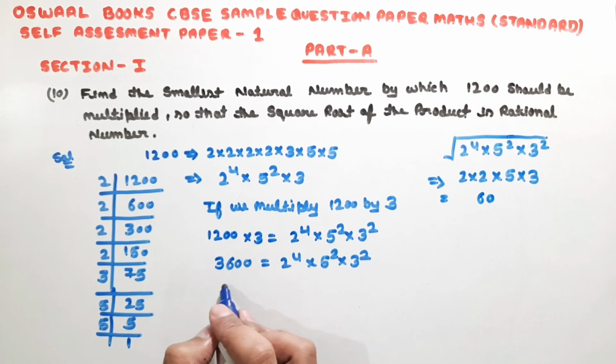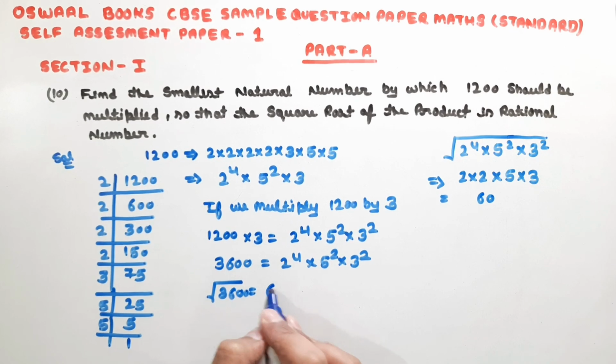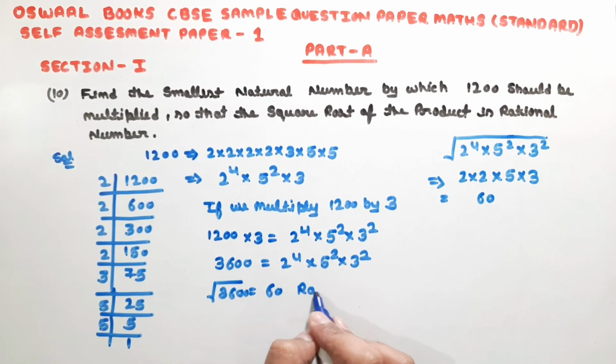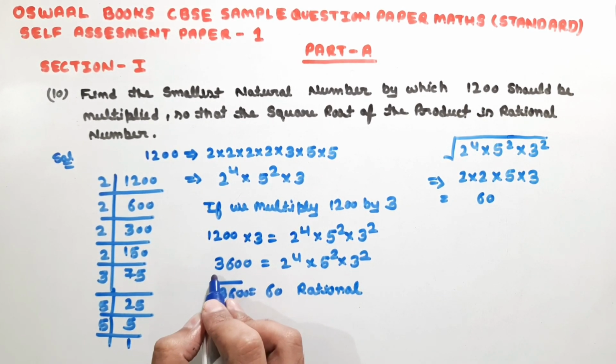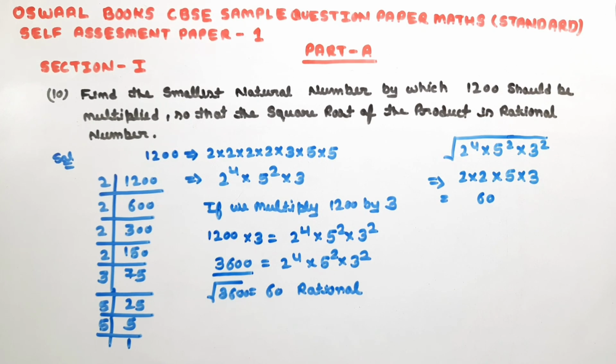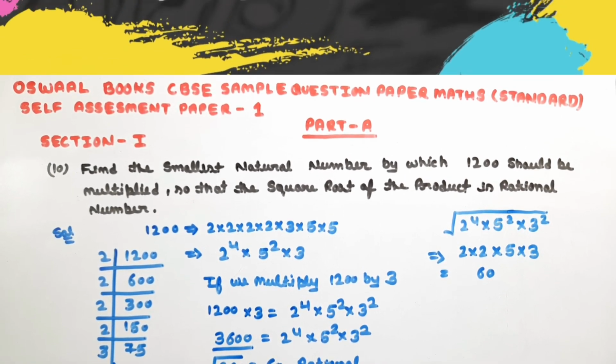So the square root of 3600 will be 60, that is a rational number, and the perfect square number is 3600, and the number multiplied is 3. This is our answer.